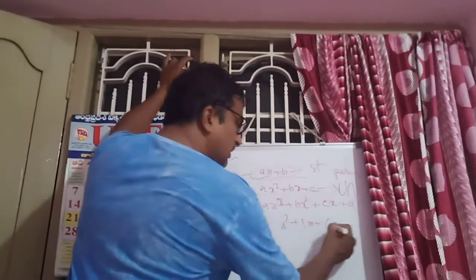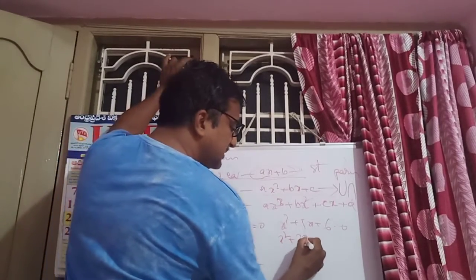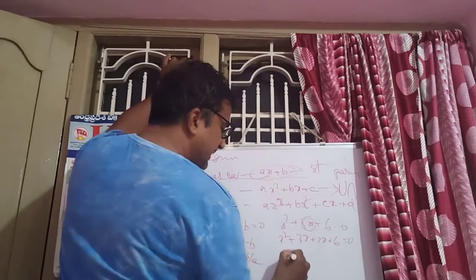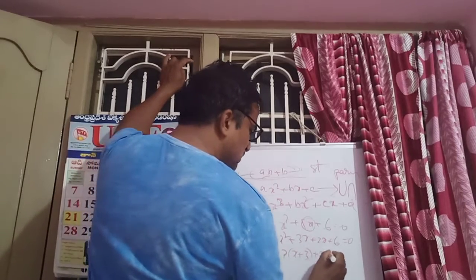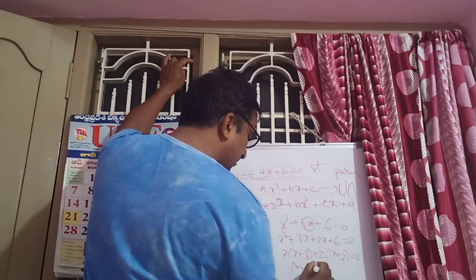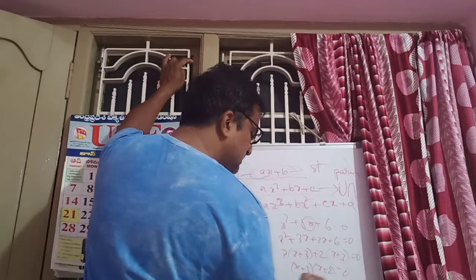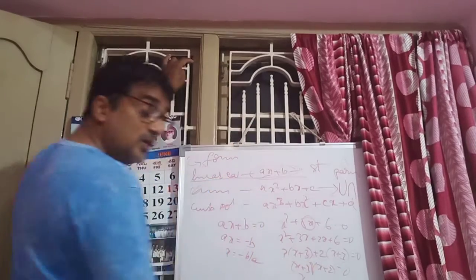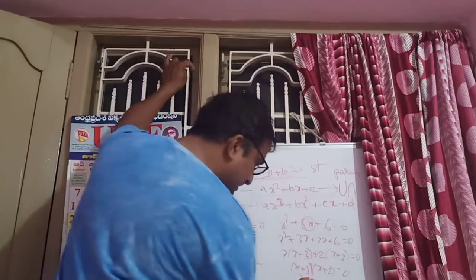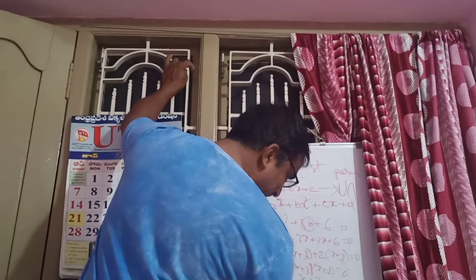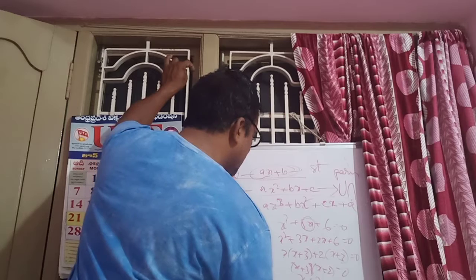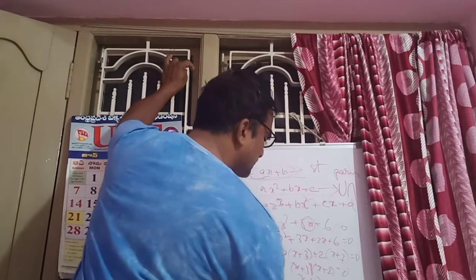So x square plus 5x plus 6 equals 0. 5x can be written as 3x plus 2x. x is common: x(x plus 3) plus 2(x plus 3) equals 0. So (x plus 3)(x plus 2) equals 0. x plus 3 equals 0 or x plus 2 equals 0. x is equal to minus 3 or x is equal to minus 2.